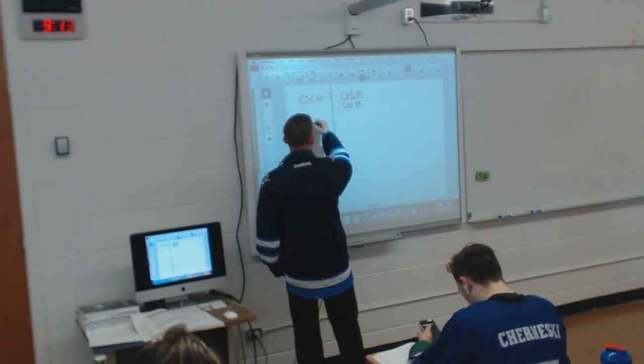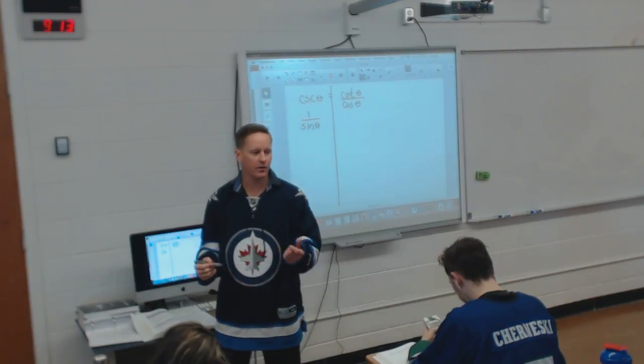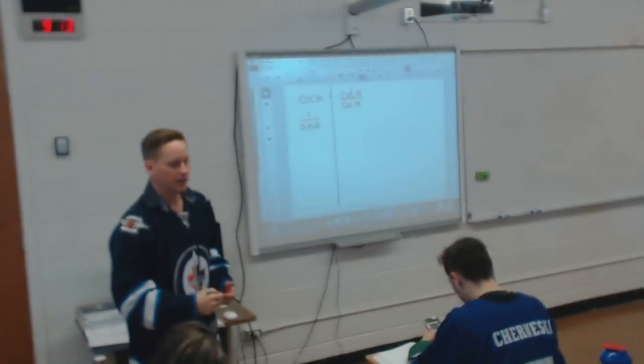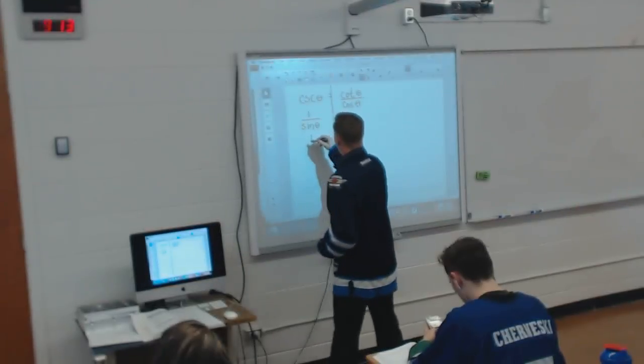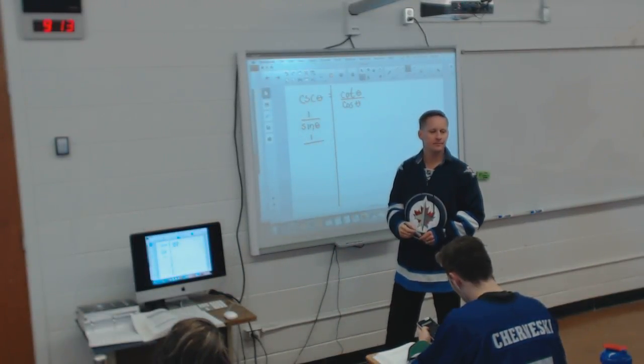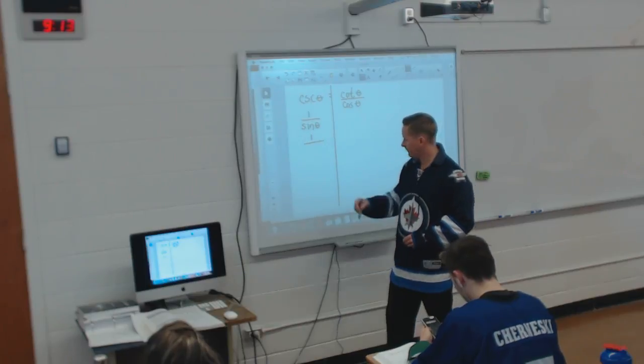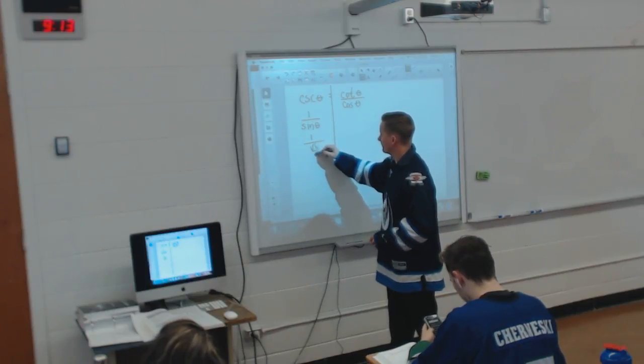So you have a choice now. At this point, I could substitute in my 45 degrees and I could solve this. So let's do that. That gives me 1 over, what's the sine of 45 degrees? Yes, it's root 2 over 2.